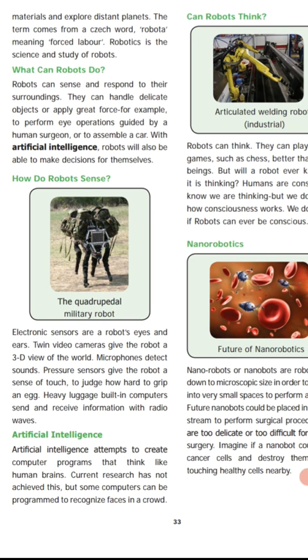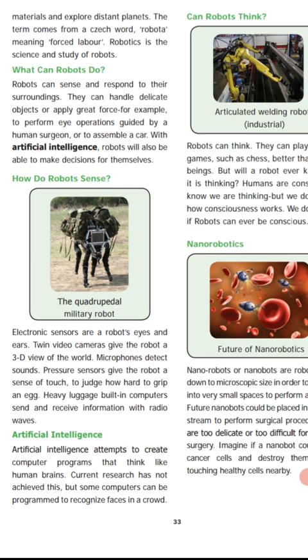Next one, can robots think? Yes, robots can think. They can play complex games and chess better than human beings. But will a robot ever know that it is thinking? Humans are conscious. We know we are thinking, but we don't know how consciousness works, so we do not know if robots can ever be conscious. Next one, nanorobotics.